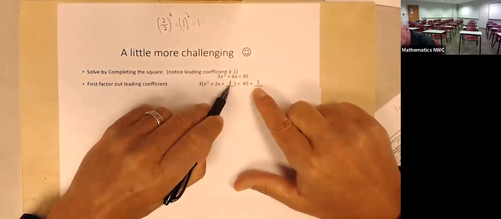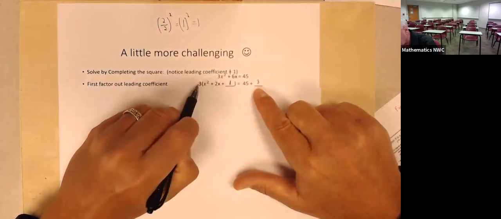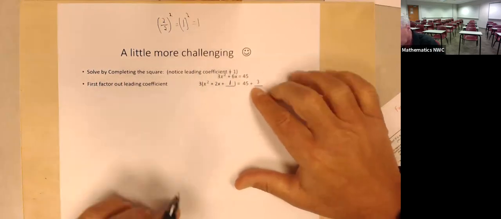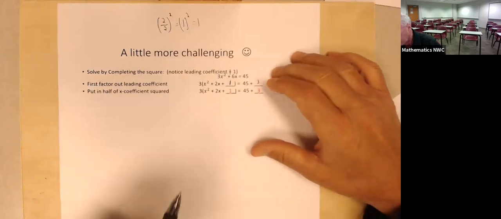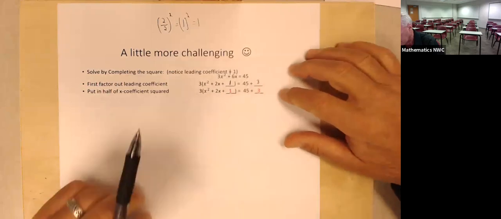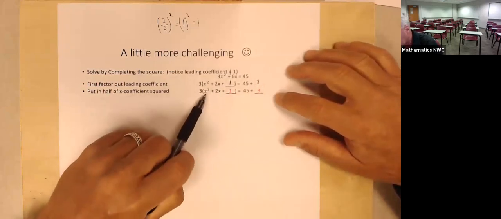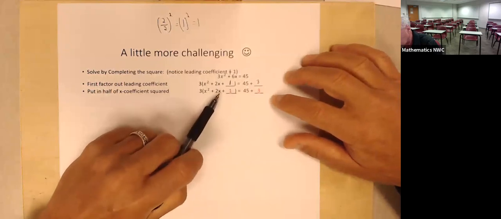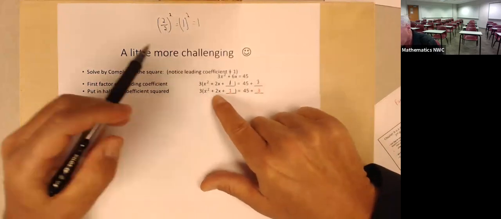It doesn't look like these two numbers are the same that I'm adding to both sides, but because this 1 is taken times 3, I'm really adding 3 to both sides. That's a tricky spot. So I just put it in red here to make it just a little more obvious. Now notice this in parentheses is a perfect square.